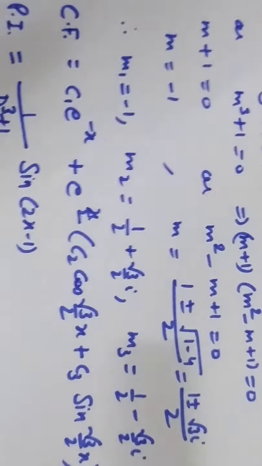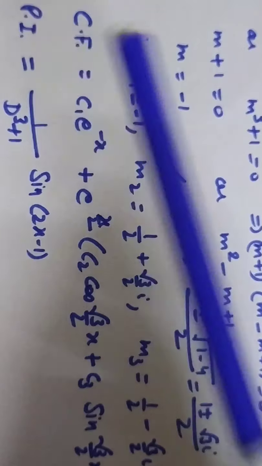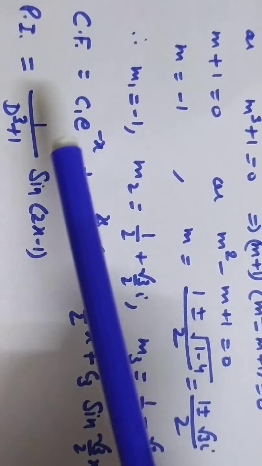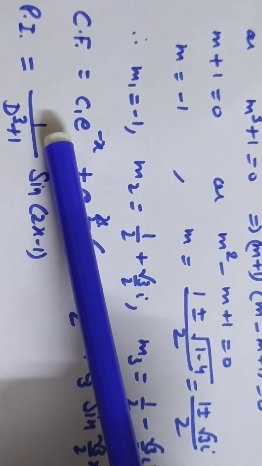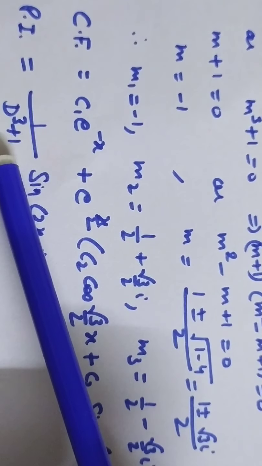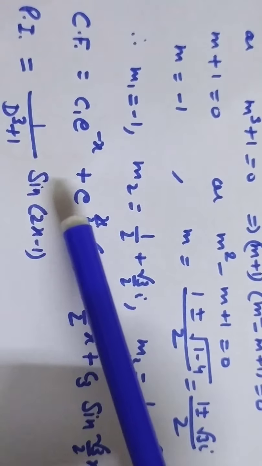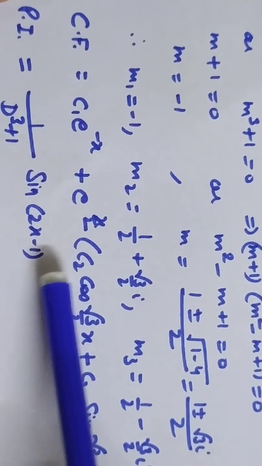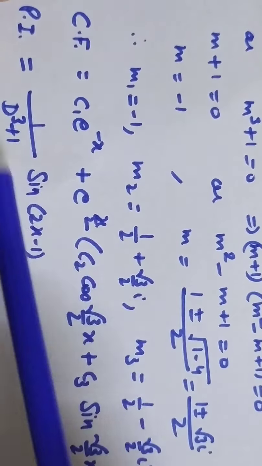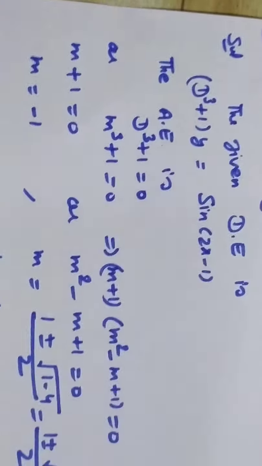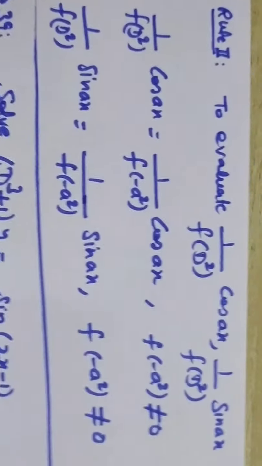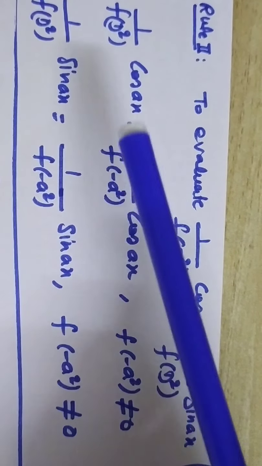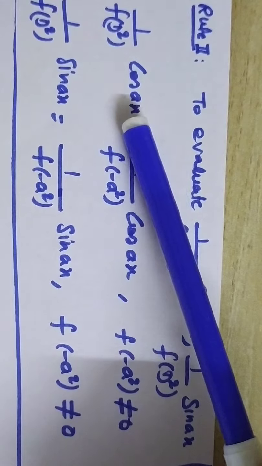Now when you evaluate the PI, that is the particular integral, by putting 1 over D cube plus 1 with sin(2x minus 1), this evaluation is similar to that of rule number 2. Look at rule number 2 once again. Here 1 over f(D square) cos ax.